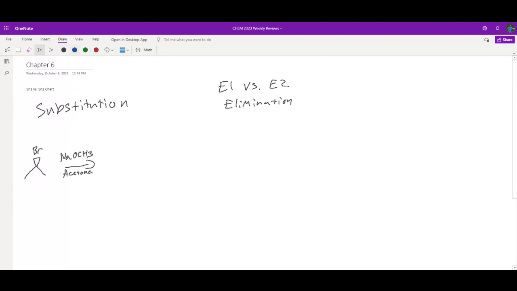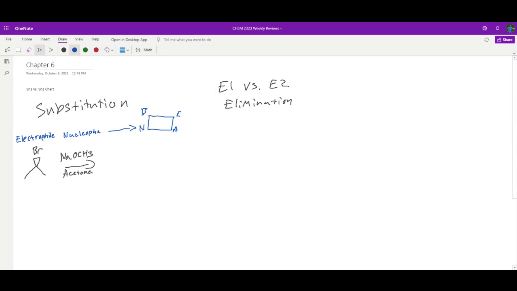The first thing is this is called your electrophile, which means electron loving, and I'll explain why it's called that. This is called your nucleophile. Remember when we did our periodic trend?